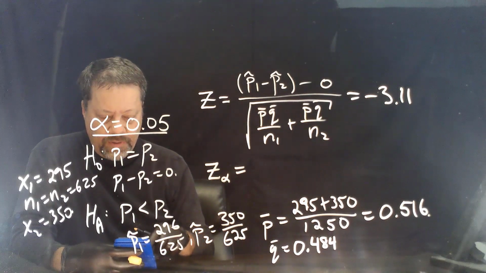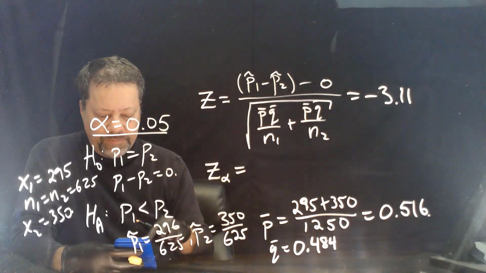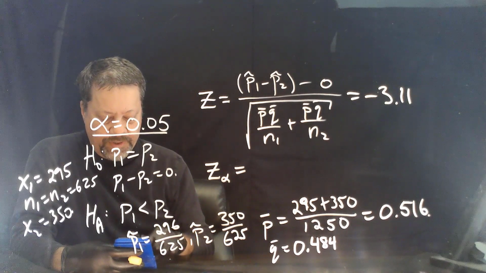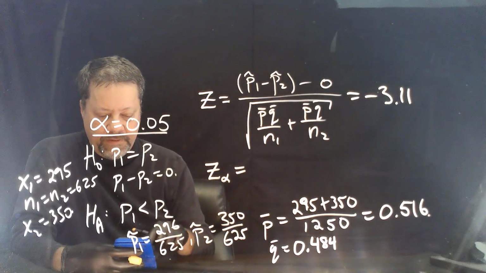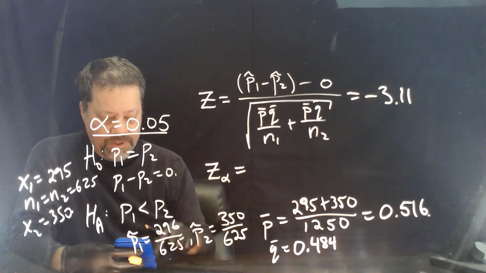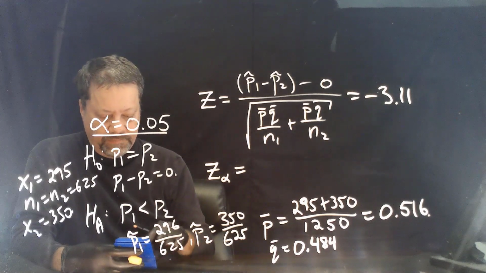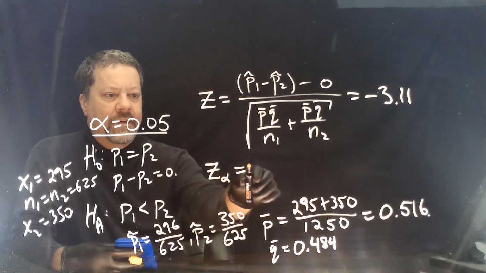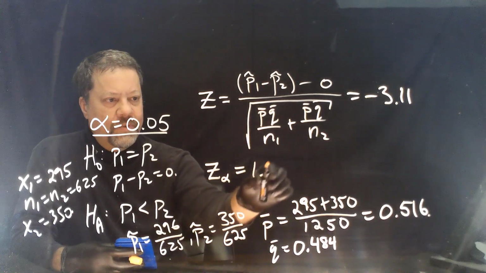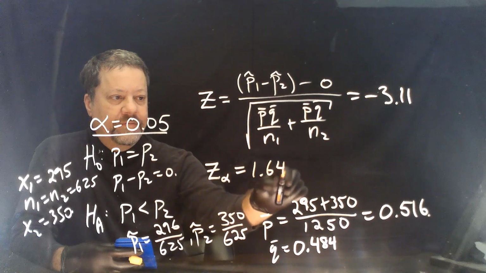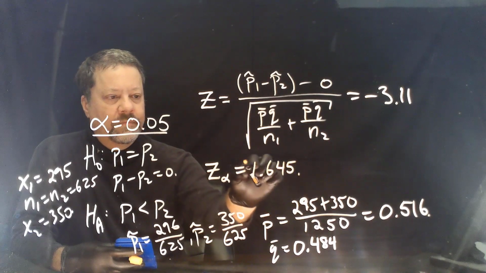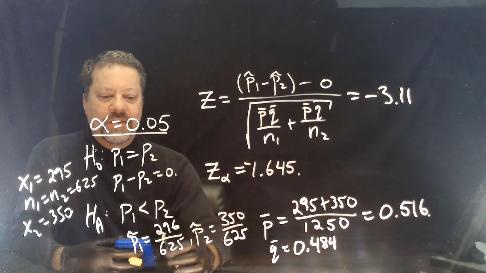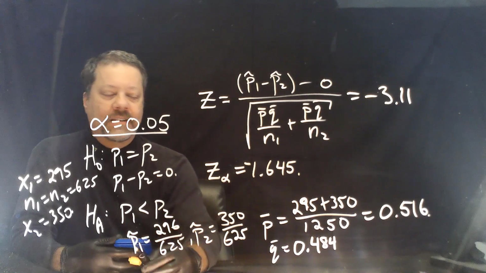Second distribution, inverse normal. The area is 0.05, and we want to do this on the right. And the critical z is 1.645. Well, negative 1.645 if we're doing a left-tailed test.